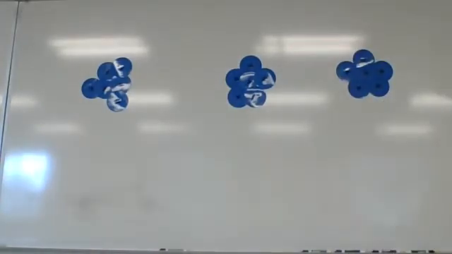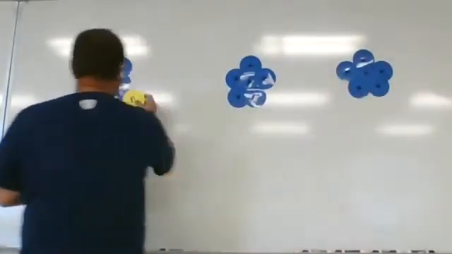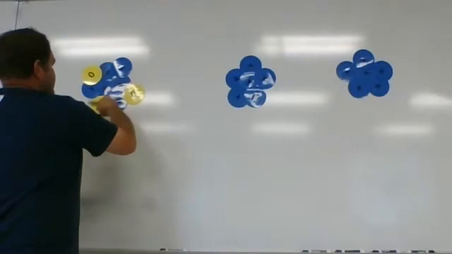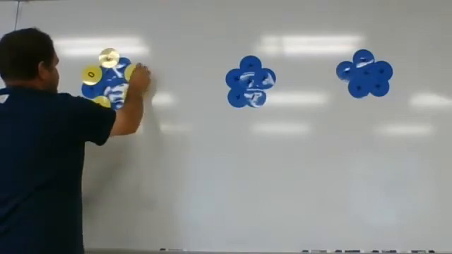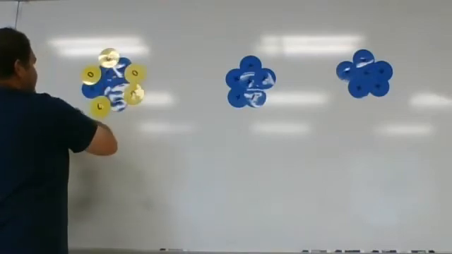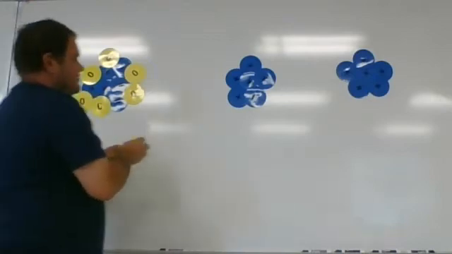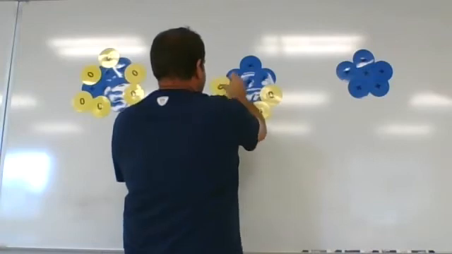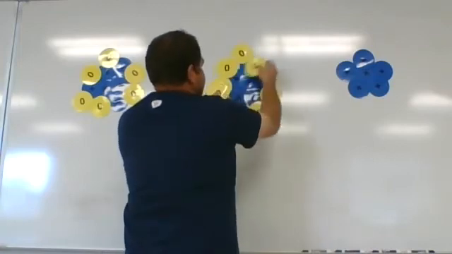And then we have neutrons. We have one isotope that we know has 6 neutrons in that nucleus. So 1, 2, 3, 4, 5, and 6. And then we have another one with 7. 1, 2, 3, 4, 5, 6, 7.